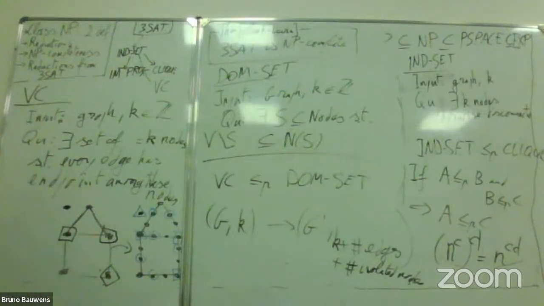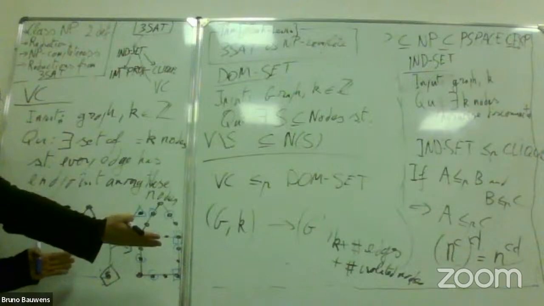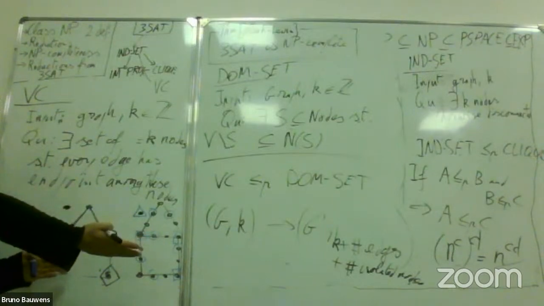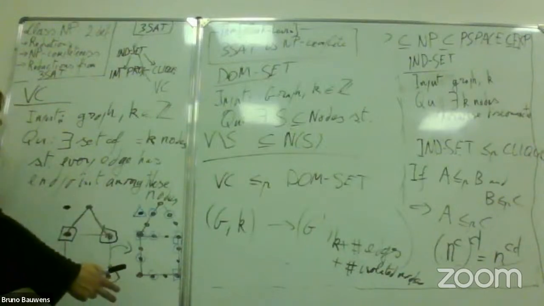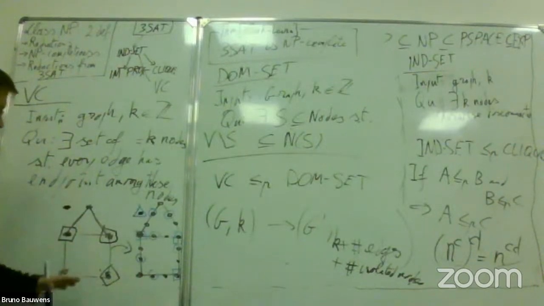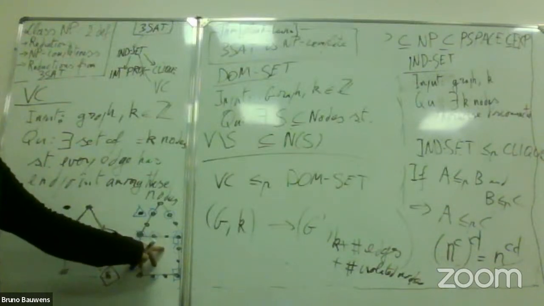It's clear, right? So select all the isolated nodes and then do this construction. So this direction: if a vertex cover of size k exists, we have a dominating set of this size.